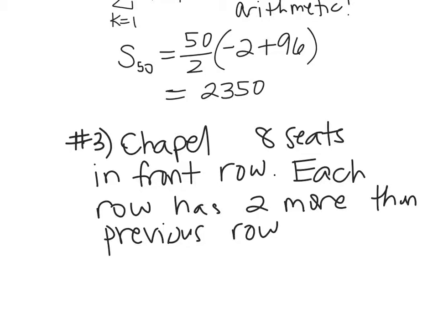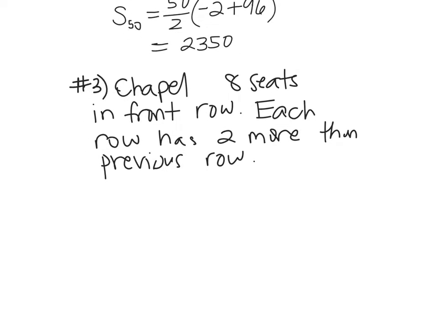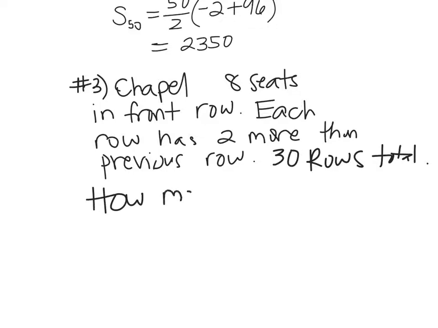And then let's say that there are 30 rows total. So the question is, how many seats are there in this chapel? How many total seats? All right, I'll let you catch up on that.